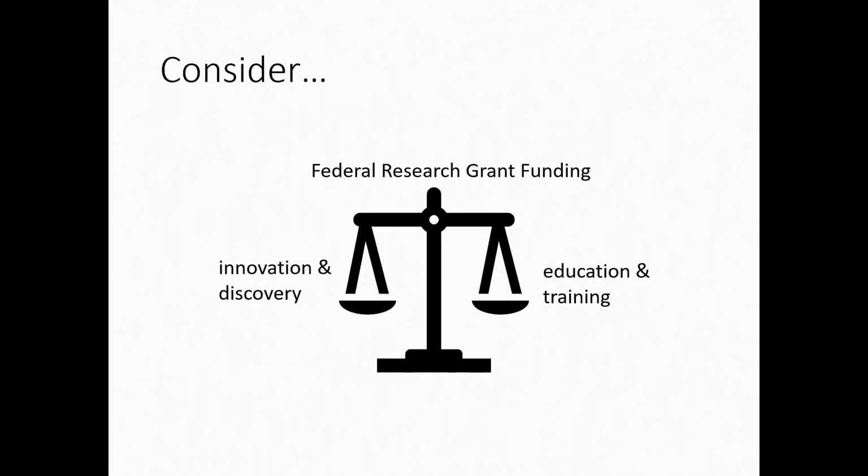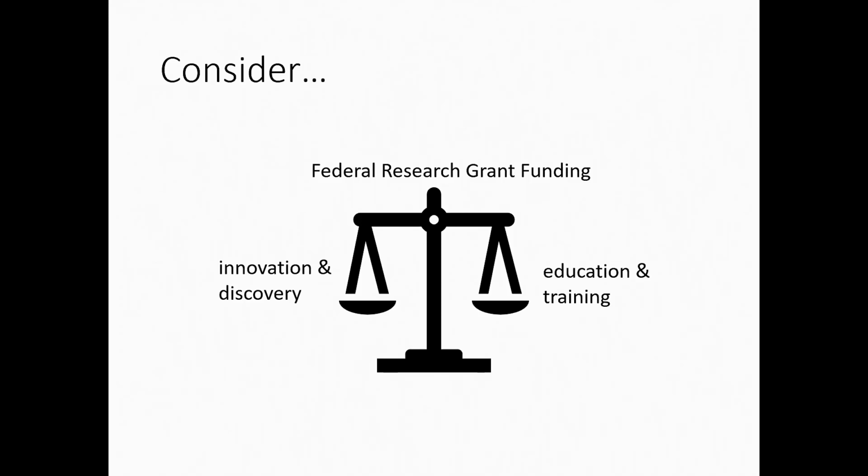Okay, so I ask you to consider, when you get a federal research grant, it's a balance between the innovation and discovery activity, the research outputs that the grant is designed to support, like new discoveries, learning more about the universe, and education and training. Because the people who are actually doing that research are largely students, from undergrad through postdoc. And so there is a workforce development component to your federal research grants.